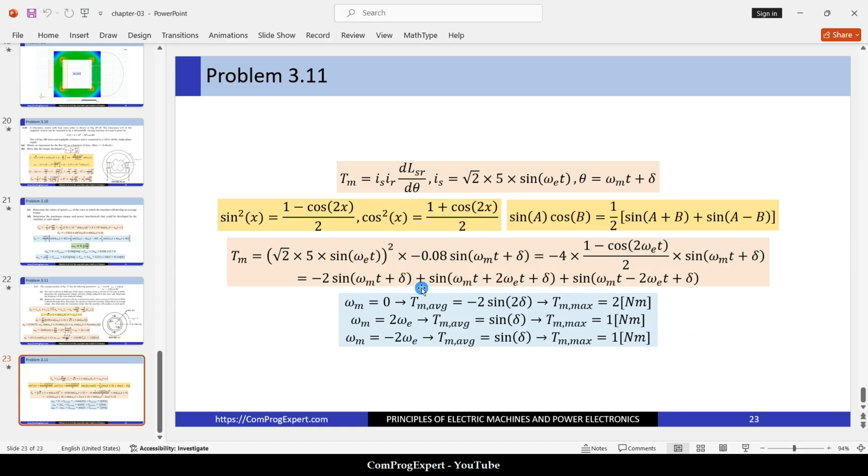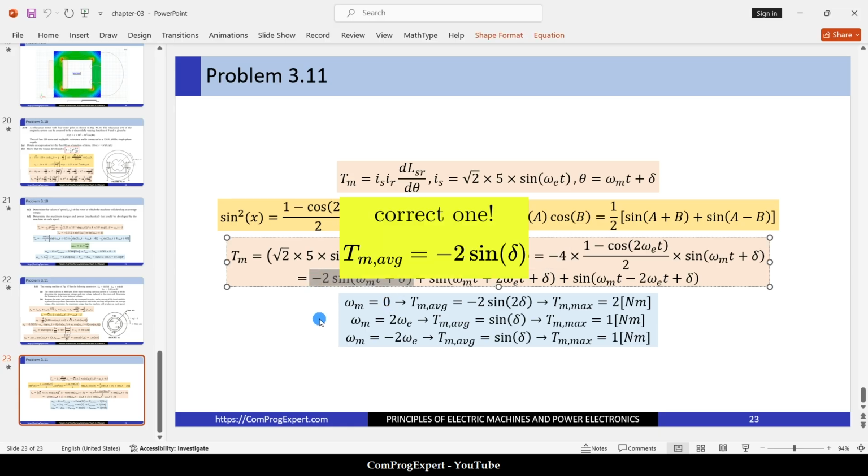We have three terms. In the first term, we don't have omega E, but in the other terms, we have omega E and omega M. So when the value of omega M is 0, the average value of the first term is non-zero, equal to minus 2 times sine of 2 times delta.